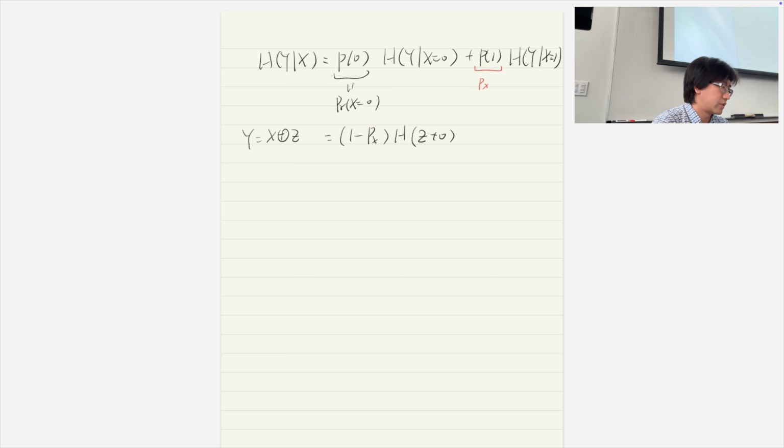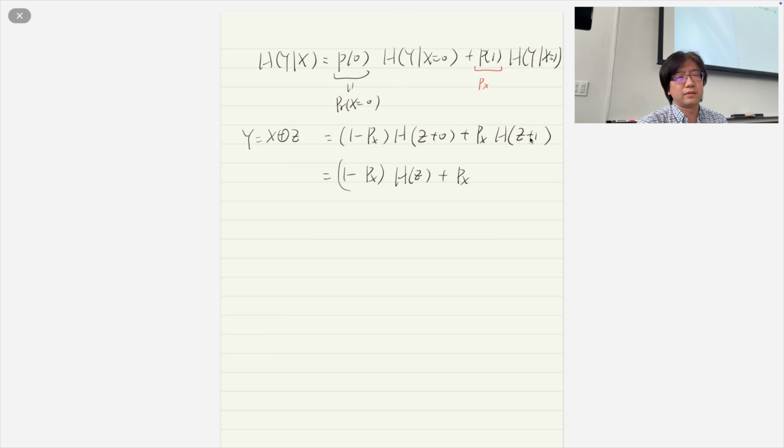For the other term, it's px times the entropy of z plus 1. So what is the entropy of z plus 1?